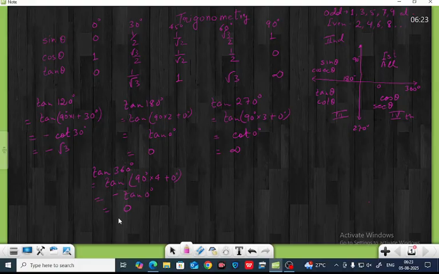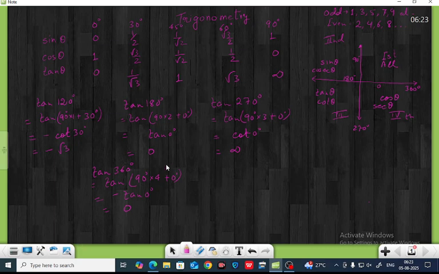And what is the value of tan 270 degree? We get it as undefined, or you can take it as infinity.